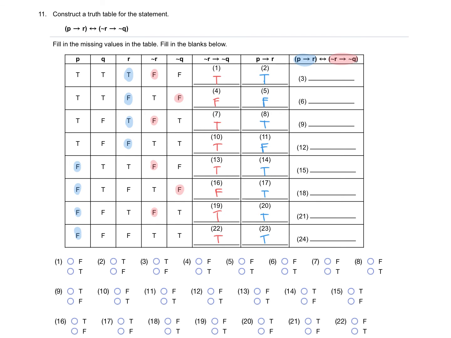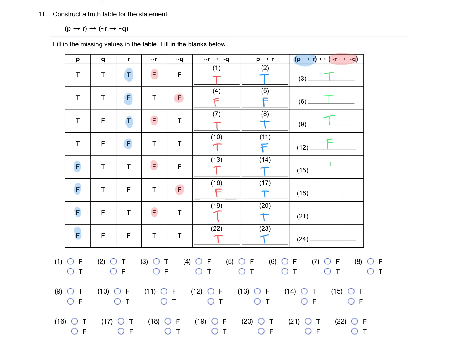So on the first row, they are both true. They match, so the answer is true. Okay. On the second row, they're both false. That matches, so it's true. The third row, they're both true. That matches, true. Fourth row, one is true and one is false. So since they do not match, that's a false.